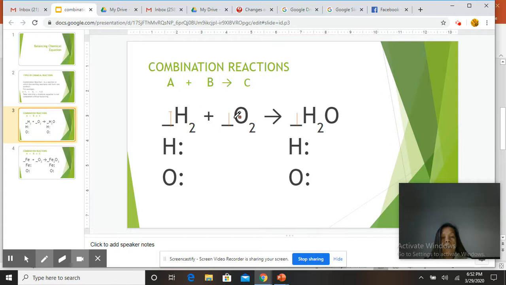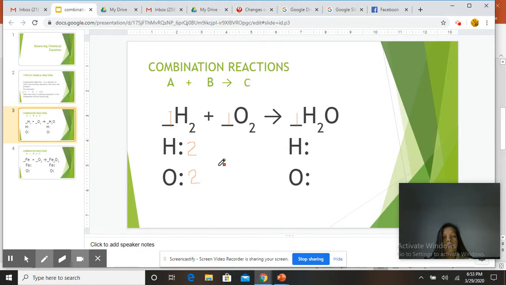We call these coefficients, the ones that I wrote down, and the coefficient will always be multiplied by the number of atoms. So let's start with this. 1 multiplied by 2, so we're going to write it down there at the bottom, and then 1 multiplied by 2, and we're going to write that down at the bottom.